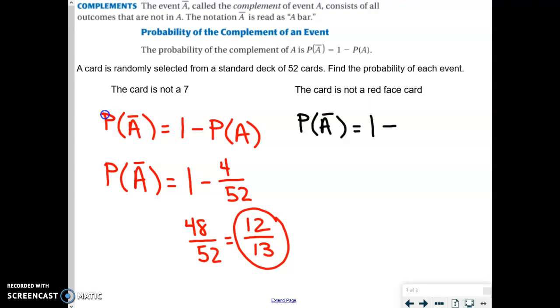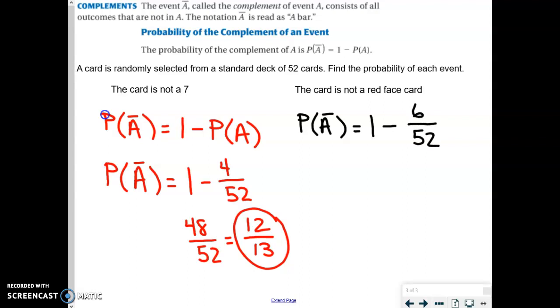Okay? So in this case, there are 3 face cards per suit, a jack, a queen, and a king. And there are 2 red suits, which would be the diamonds and the hearts.